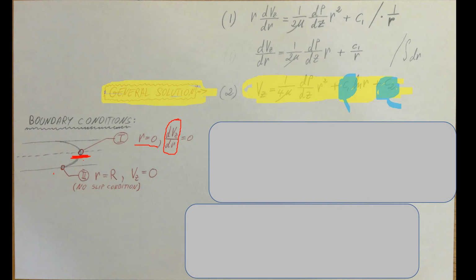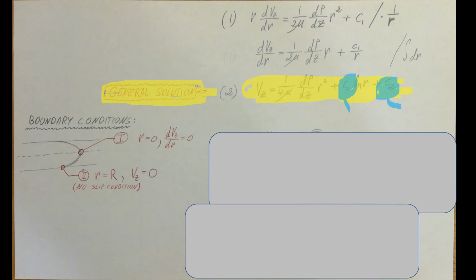Now the second location is right here at the wall, where r is equal to capital R, that's the distance, it's given, it's a constant, we know it. And here at the wall, because of the no slip condition, we know that vz is equal to 0. Okay, let's use these two boundary conditions.